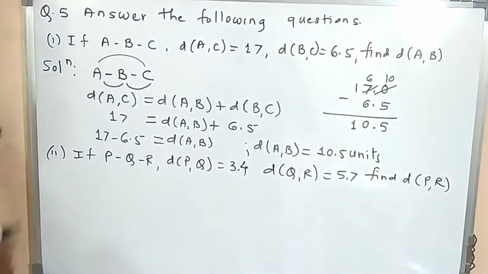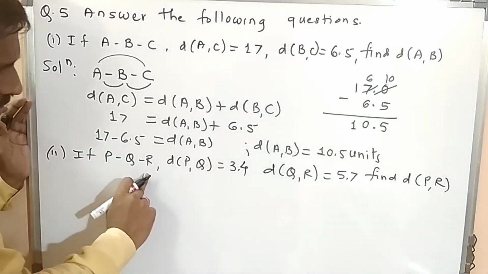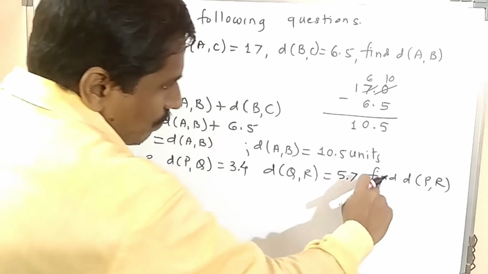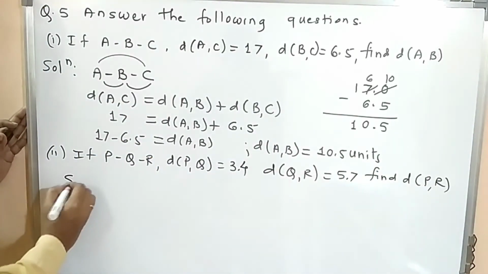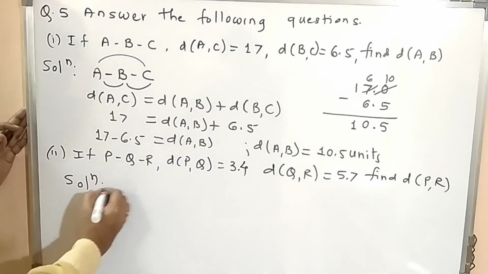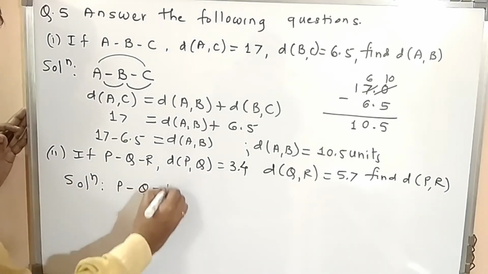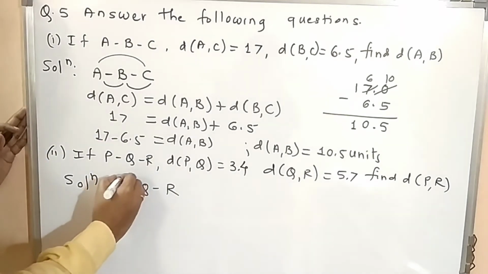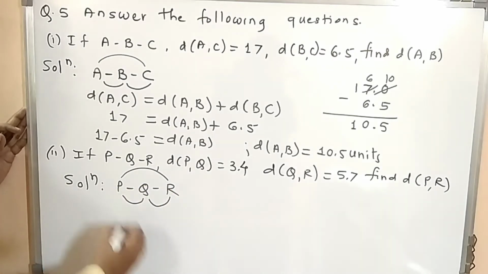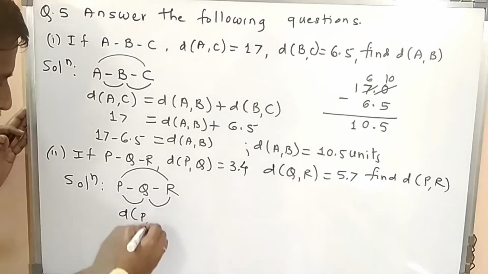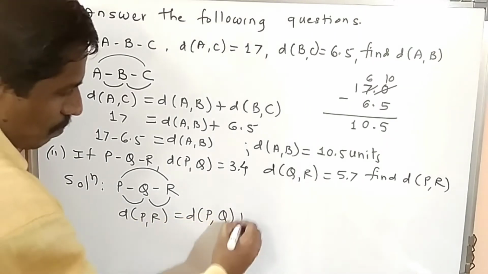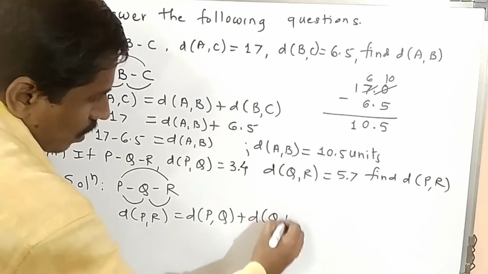Second one. If P-Q-R, distance PQ is 3.4, distance QR is 5.7, find distance PR. So what betweenness is given? Q lies between P and R. Therefore, distance PR is equal to distance PQ plus distance QR.